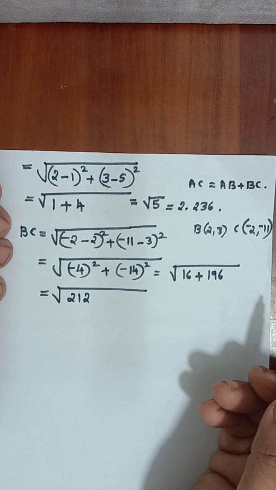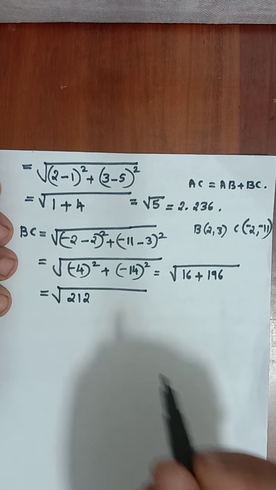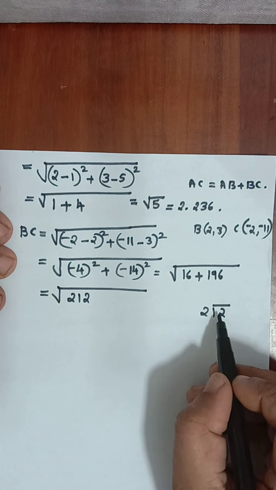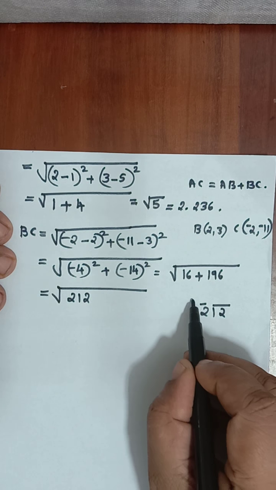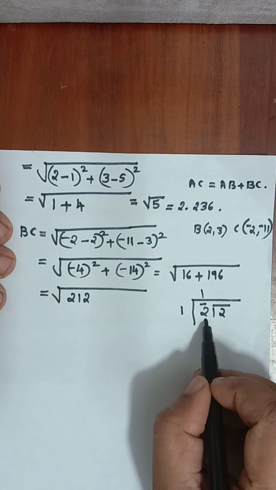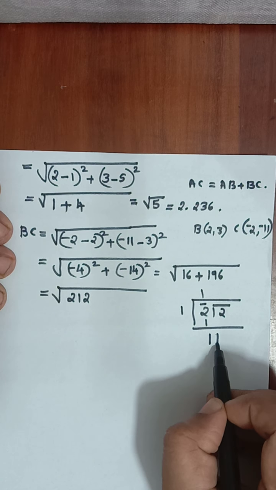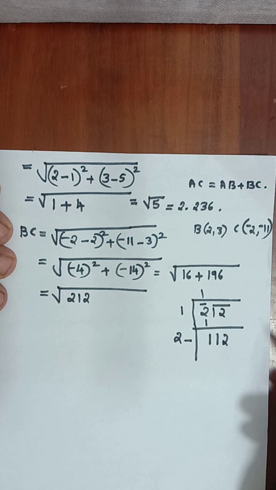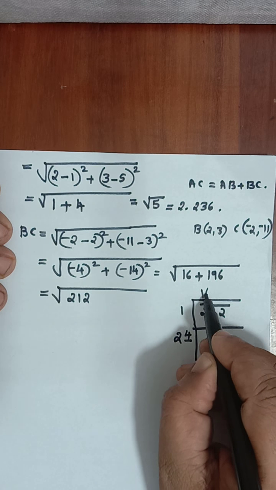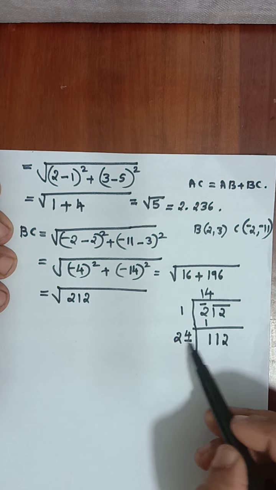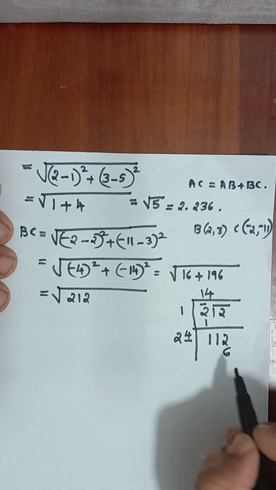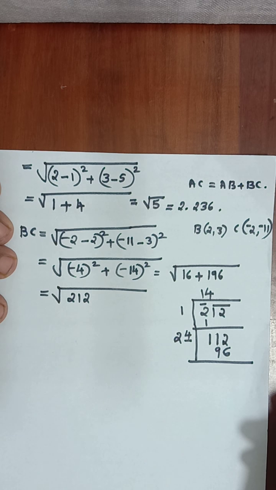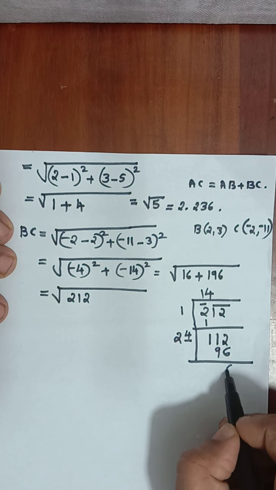For 212 also we have to find out the square root. What do we get? Square root of 212. How do we get it? 1's place and 10's place together, then leaving the 100's place. So 1 comes, subtract, both you have to bring down, double of it, 2 comes, choose the number. Let us have 4 now, that you have to multiply and see. 24 into 4, 4 4s are 16, 1 remainder, 4 2s 8 plus 1, 9 we have. So subtract now.